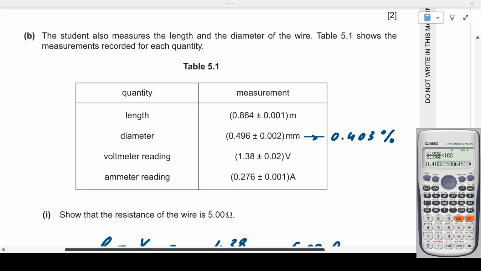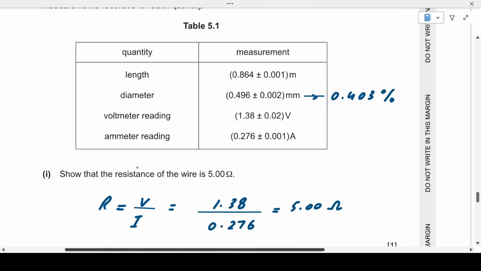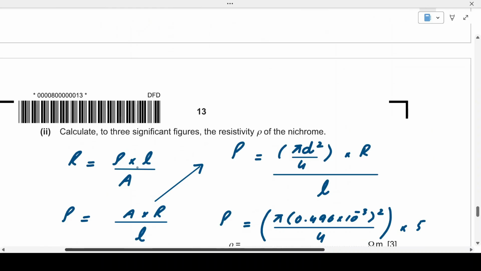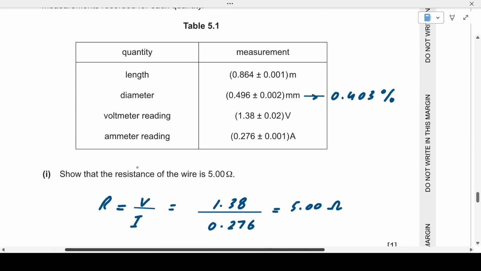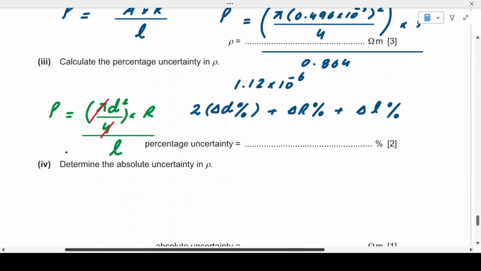What about the second one, which was resistance? Okay, so the resistance itself does not have any value in the table. Resistance was found through voltage and current. We divided the voltage and current.